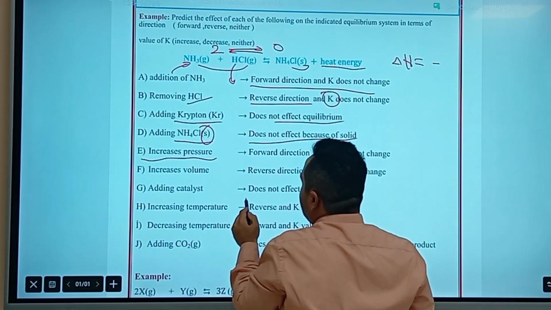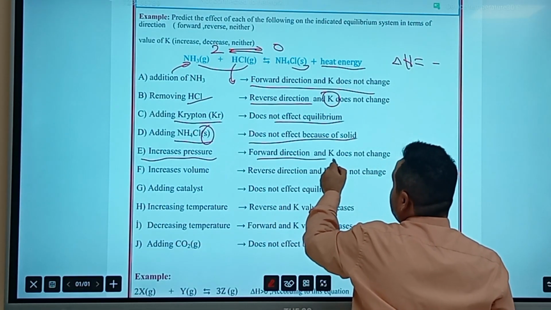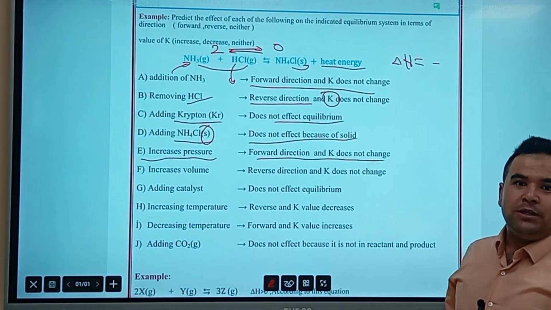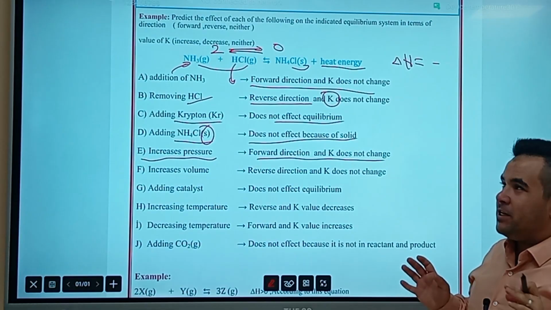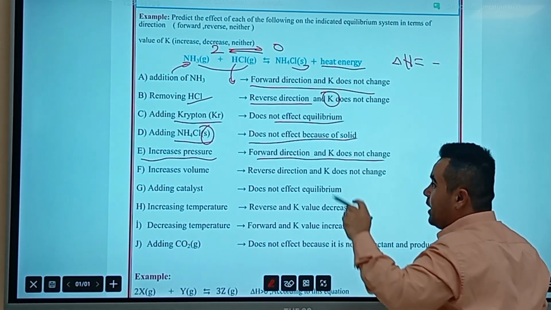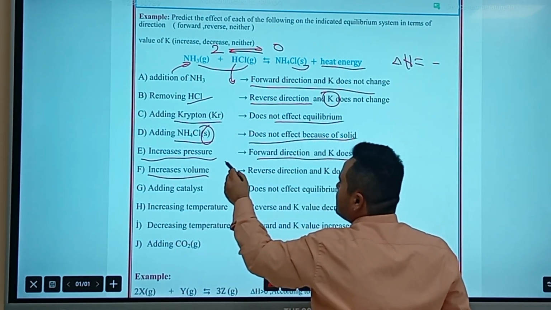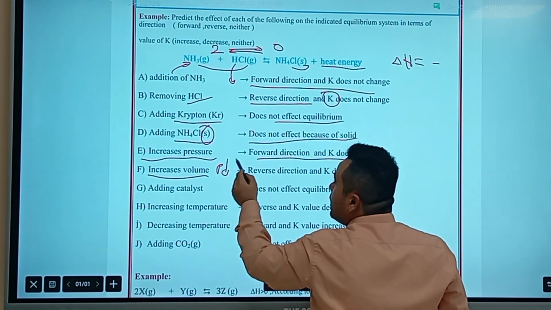So the forward direction is favored, and K does not change because it's only an increase in pressure. Increasing volume is the same as decreasing pressure.